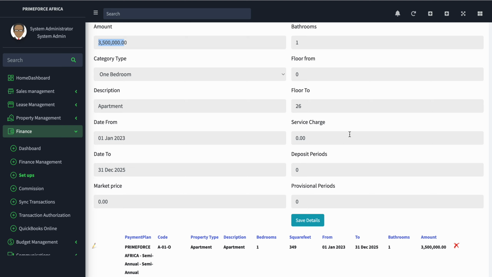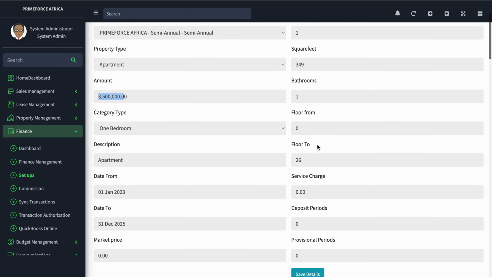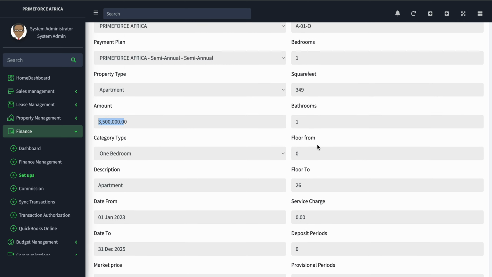From here, you can also state the service charge, the deposit period that is required, and the provisional collection period for that deposit. Based on these configurations, the system will be able to automatically determine based on the plan, what is the charge amount for that unit being sold out to a customer.